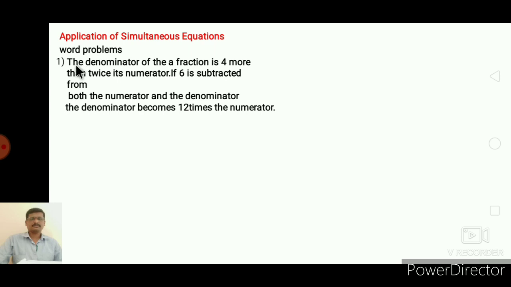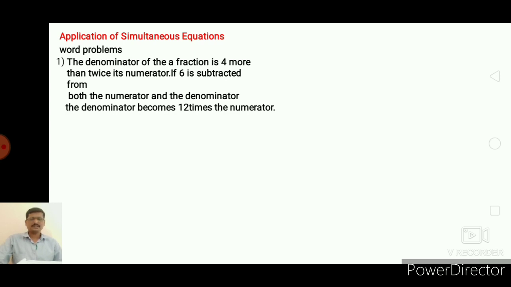The example is: the denominator of a fraction is 4 more than twice its numerator. If 6 is subtracted from both the numerator and the denominator, the denominator becomes 12 times the numerator.